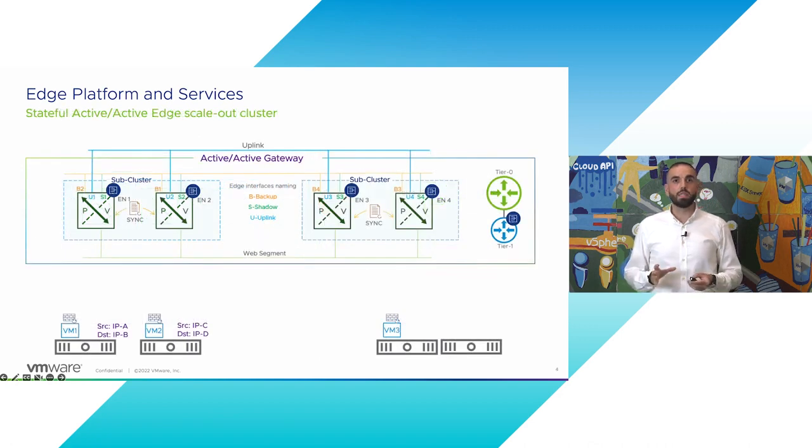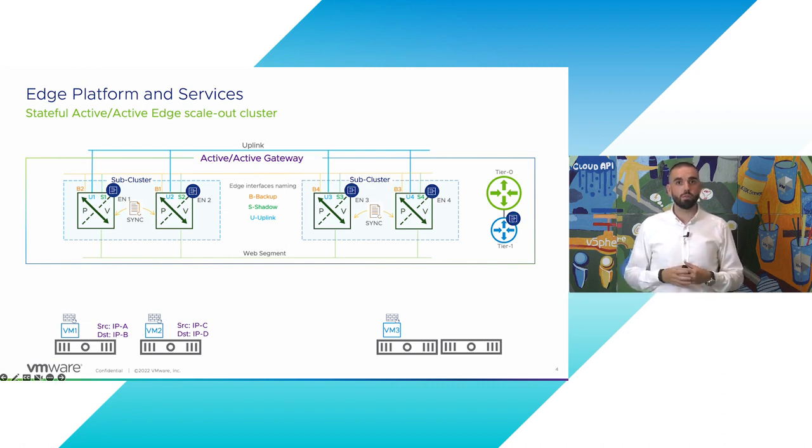On the picture, we are seeing the same edge cluster we've been talking about in the previous slide with a bit more technical detail. We are seeing our edge node 1 and 2, which are in one subcluster, and our edge node 3 and 4, which are in another subcluster. An important component of the edge subcluster is the syncing element between the edges. It will take care of syncing all the flows between edge node 1 and 2, or the edges which are paired in the subcluster.